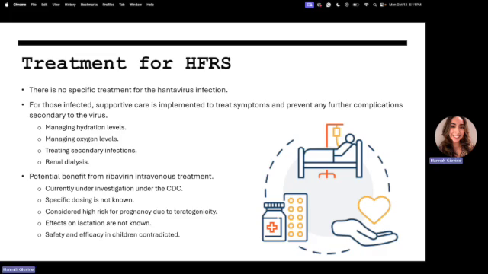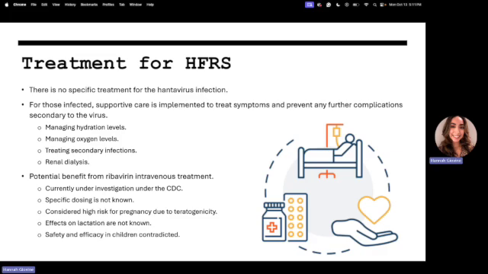As stated before, there are no specific treatments when it comes to the hantavirus. However, there are currently some ongoing studies being done centered around the drug ribavirin.